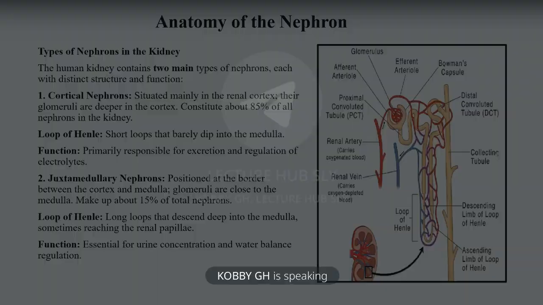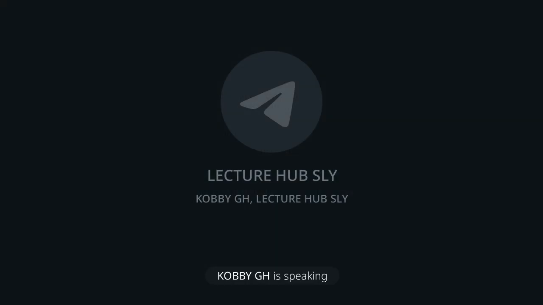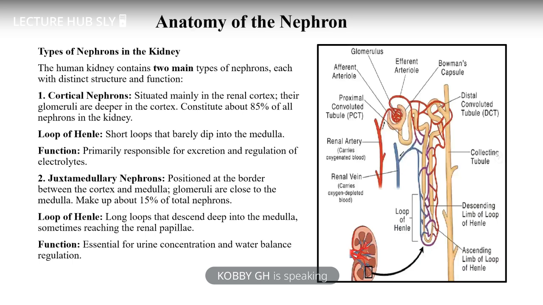It is also responsible for reabsorbing useful substances, secreting unwanted substances, and then eventually forming the urine. The nephron also helps maintain fluid and electrolyte balance and helps regulate the body's acid-base balance. So these are the functions of the nephrons.